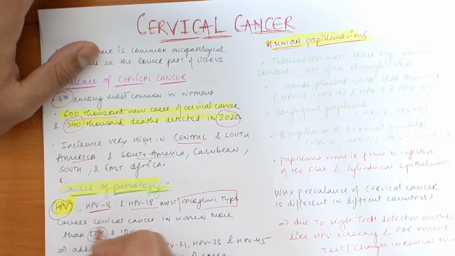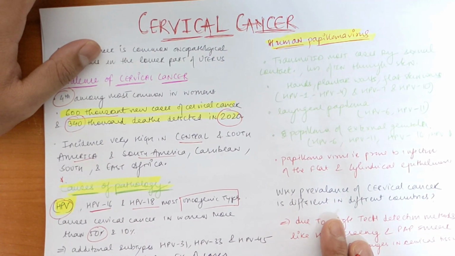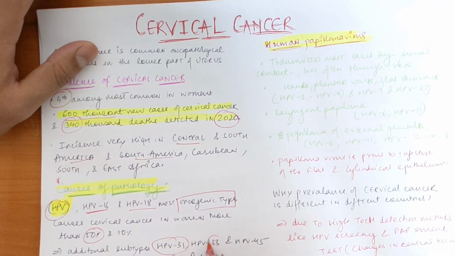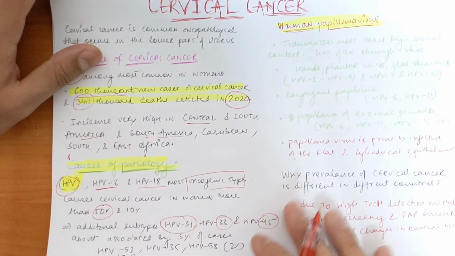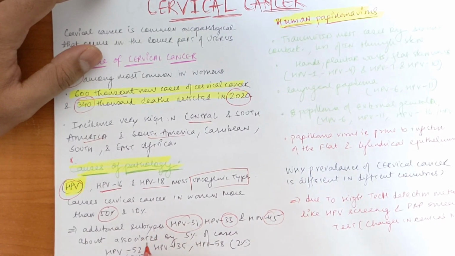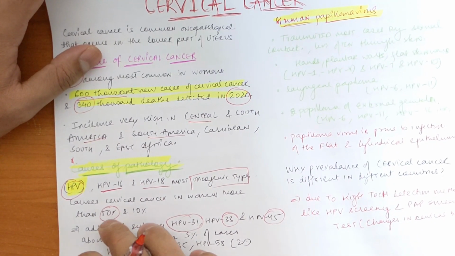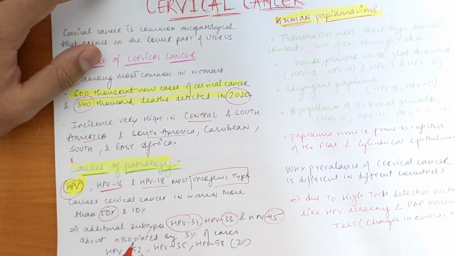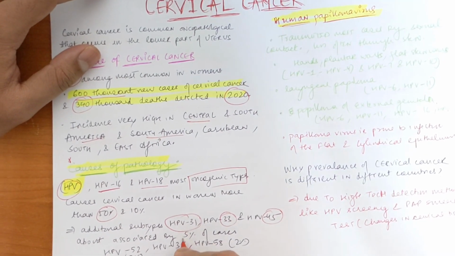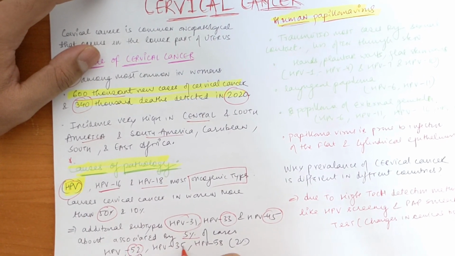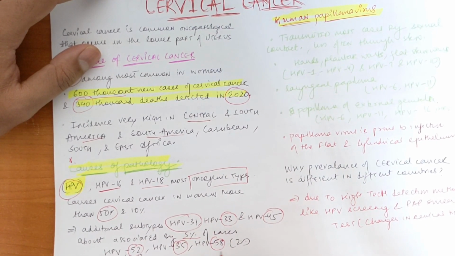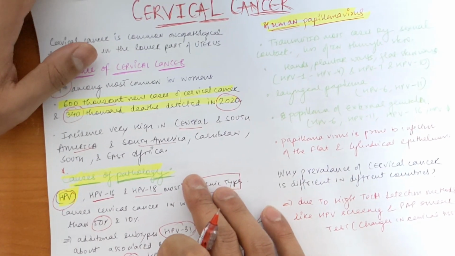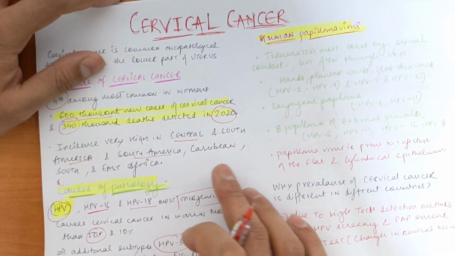Additional subtypes like HPV-31, 33, and 45 are associated with about 10% of cases, and HPV-52, 35, and 58 with only about 2% of cases. So these are the variants and the most common viruses that lead to cervical cancer.